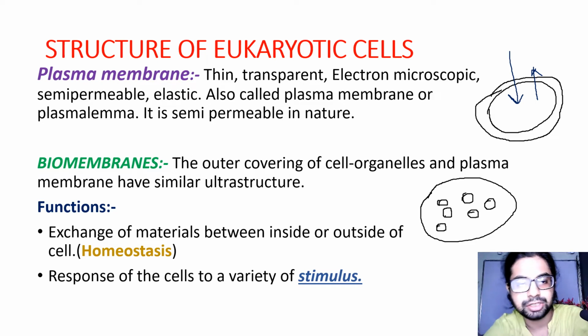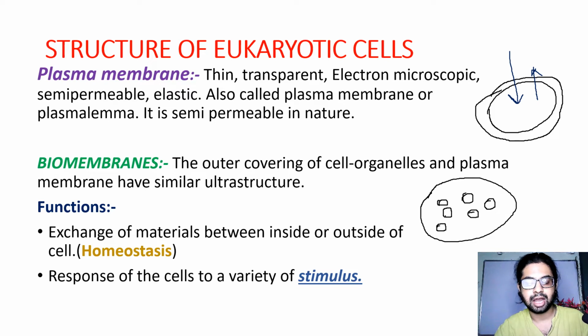Now what are the functions of biomembranes? Exchange of materials between inside and outside of the cell. So the plasma membrane, as I mentioned earlier, helps in the exchange of selective materials inside or outside of the cell to maintain homeostasis inside the cell.